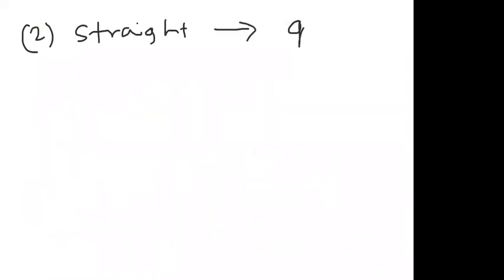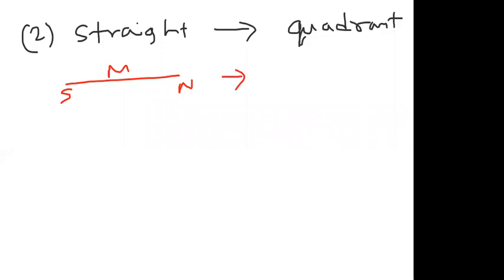Now the second application is a straight magnet bent in the form of a quadrant. First of all, the magnet is straight like that, south pole, north pole, magnetic moment M. Now it is bent in the form of a quadrant.